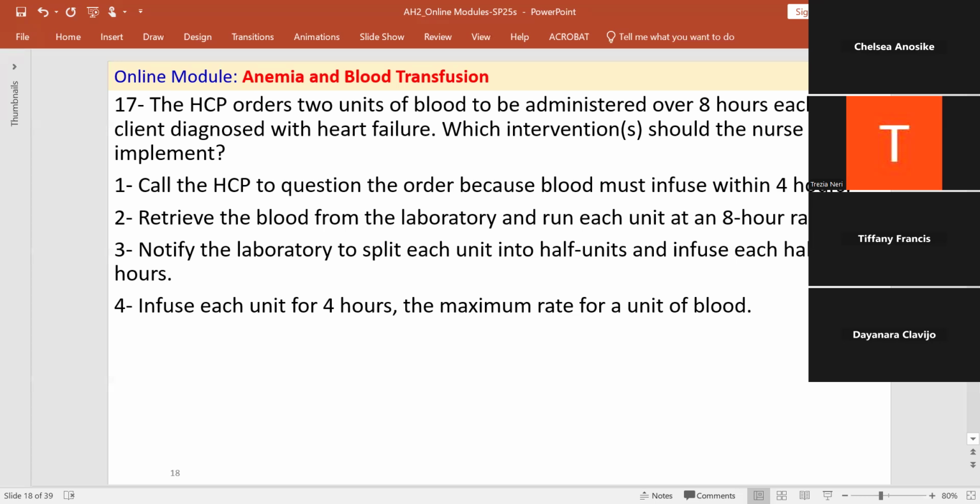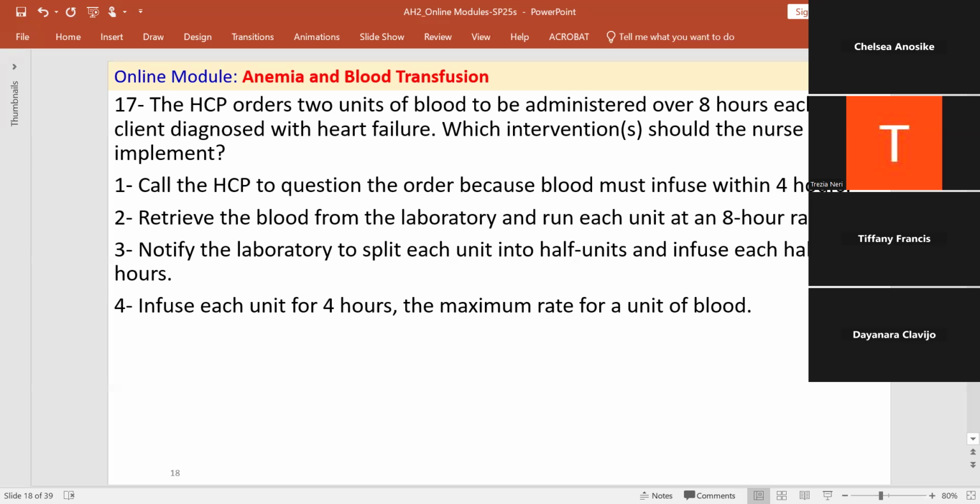Yes. So 3, notify the lab to split each unit into a half unit and infuse each half over 4 hours.